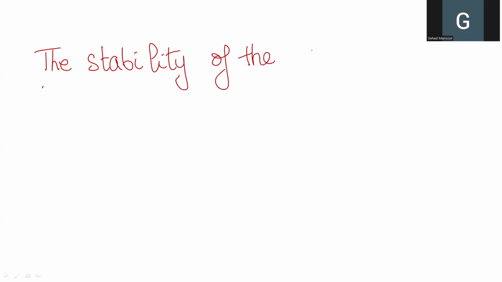So the stability of a molecule is determined by its total energy. First of all, we can write this fact: the stability of the molecule is determined by its total energy. And we will explain this further in the next statement.